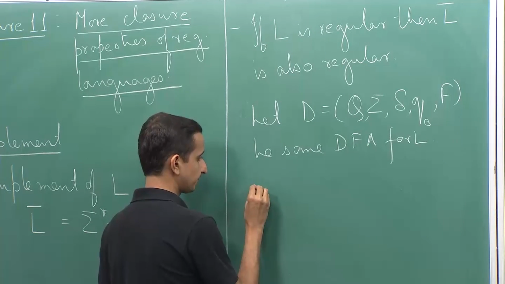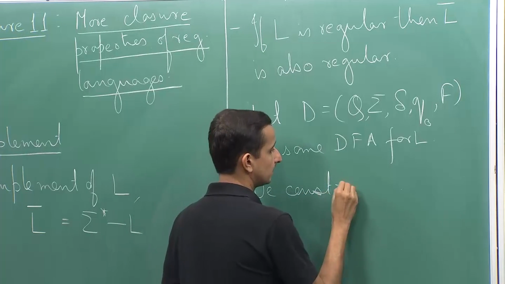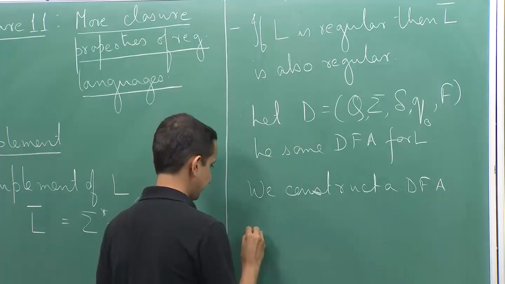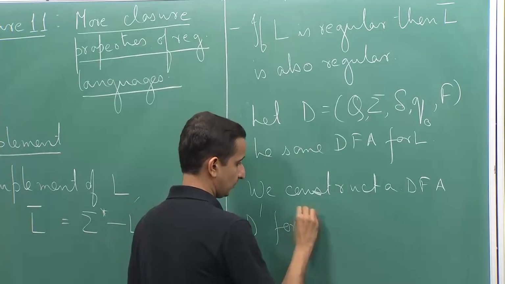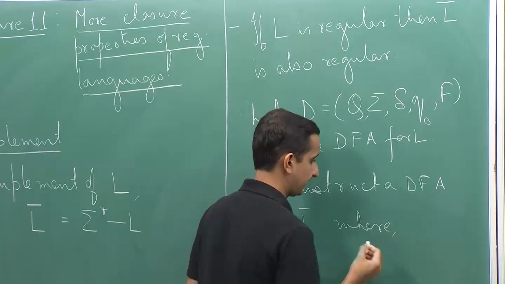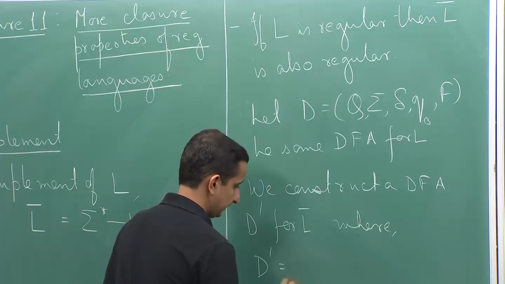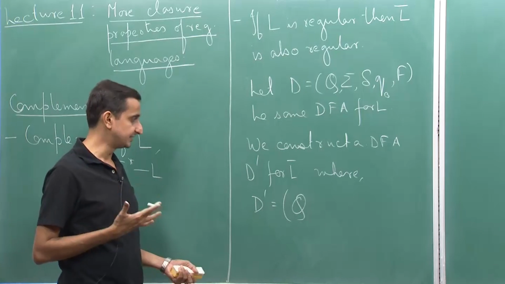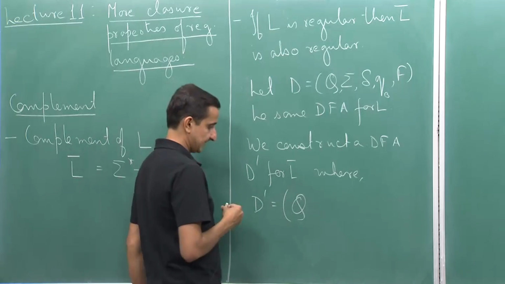So, we construct a DFA D prime for L bar, where D prime is equal to, so the set of states remain the same. It is essentially the same DFA except for the accept states.